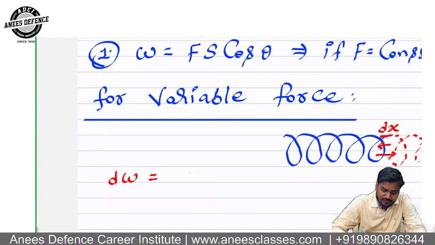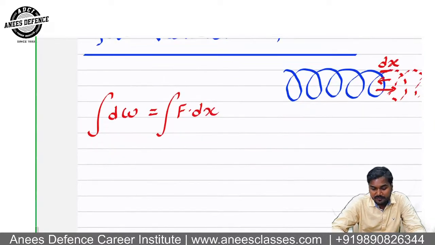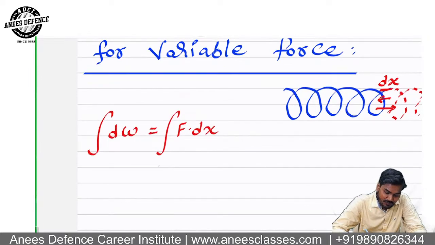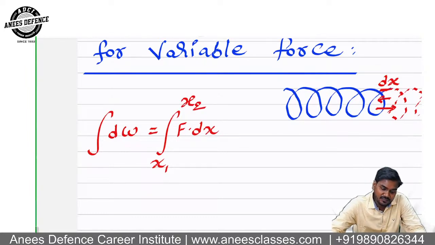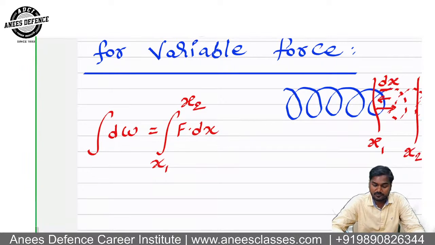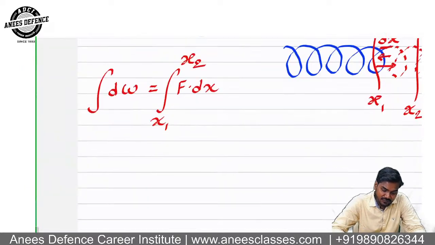So you can write dW is equal to F into dx and then integrate, and you can put limits, from where you are interested to calculate work done until which position, x1 to x2. Your initial limit will be x1, final limit will be x2.